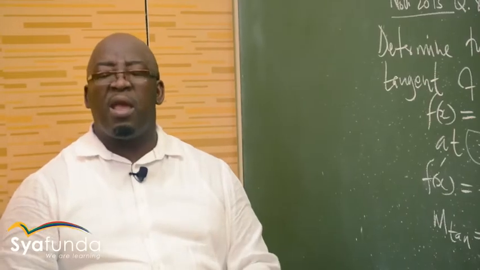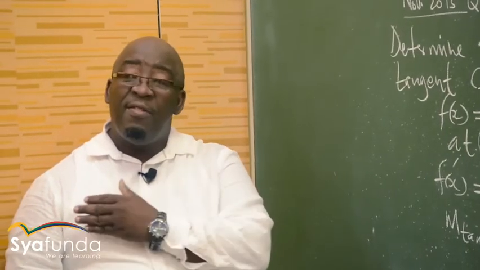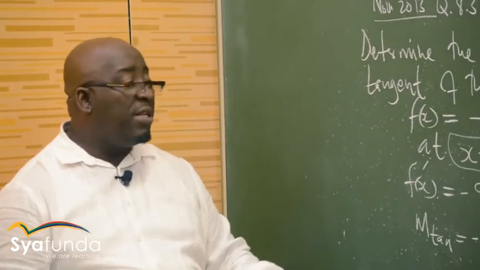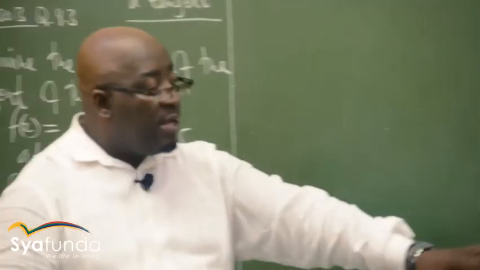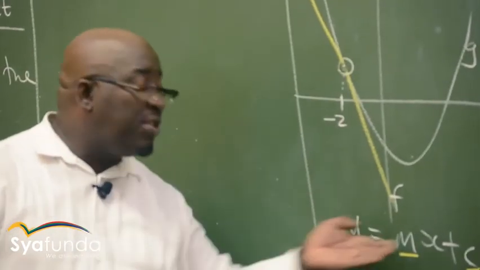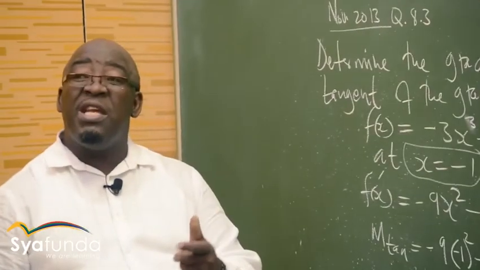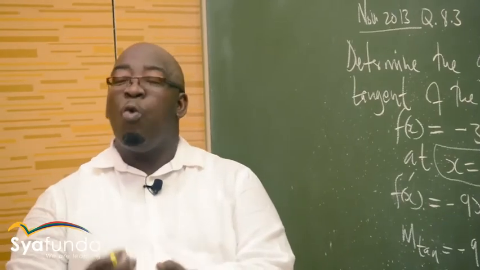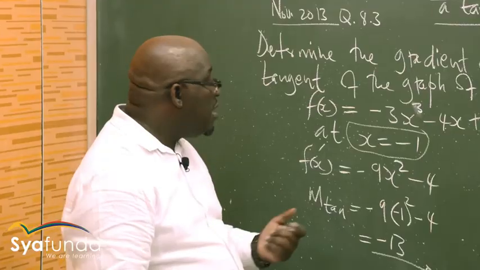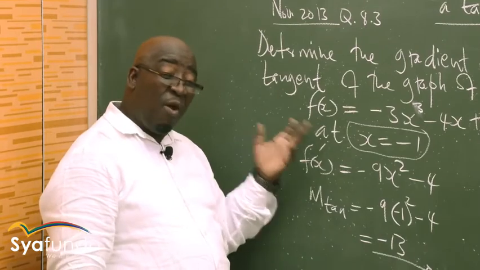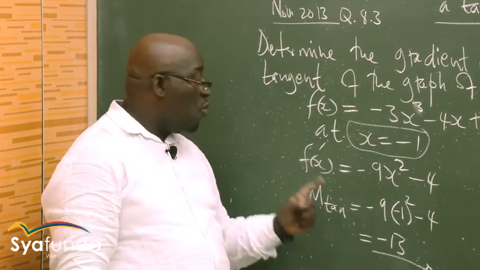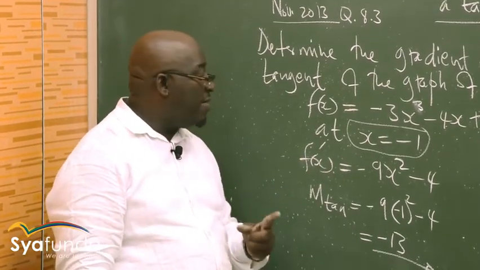For argument's sake, if the question wanted us to find the whole equation, at this moment we only have the gradient. Suppose the question says find the equation of the tangent. We're going to be able to find m and c. Remember, if we have a gradient and a point, we can find the equation. If the question says find the equation, not only the gradient, how do we get the whole equation?